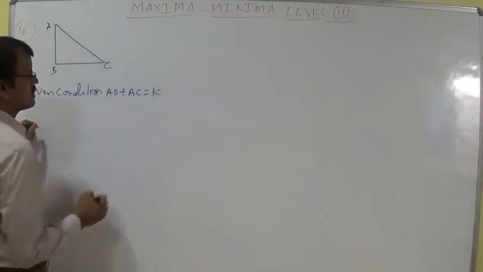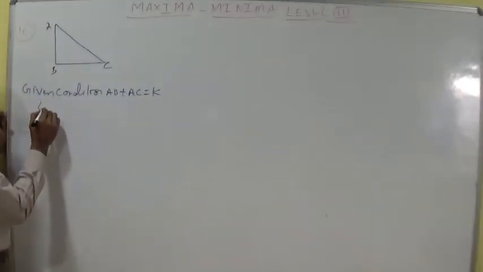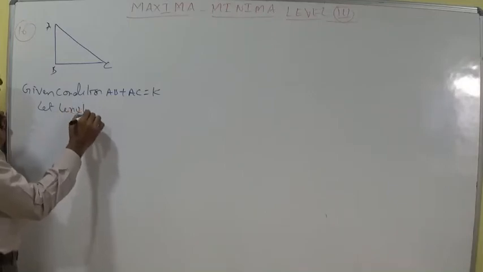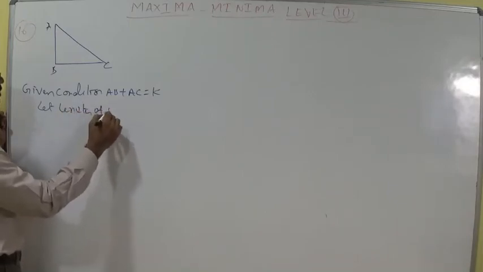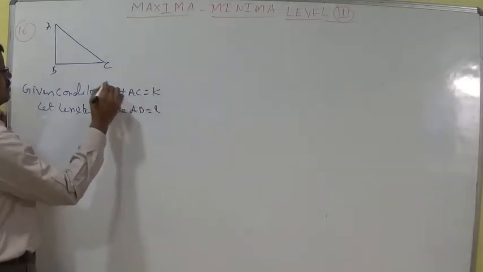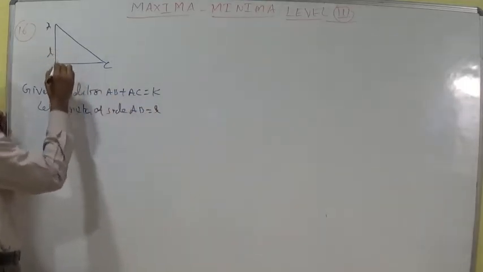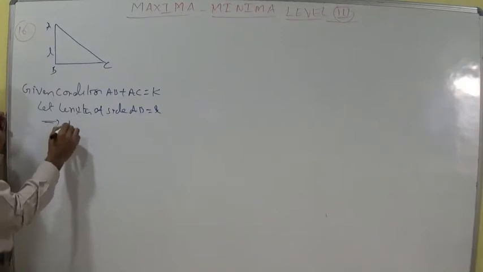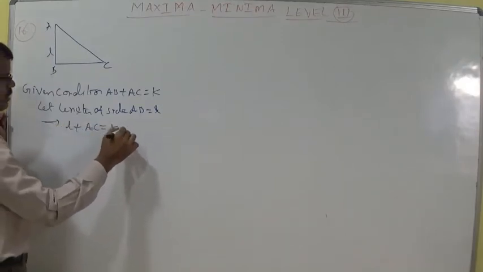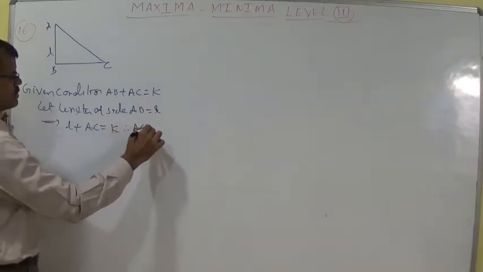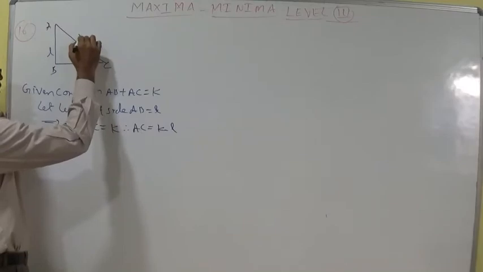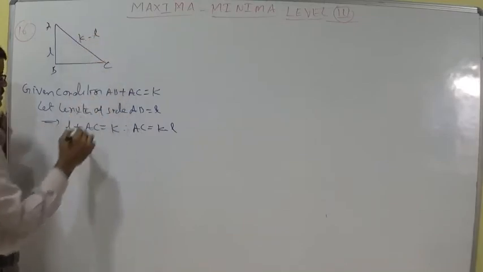Let us take this side AB and the hypotenuse AC. AB plus AC is equal to K. Let the length of side AB be L. That implies L plus AC is equal to K. Therefore, AC is equal to K minus L.